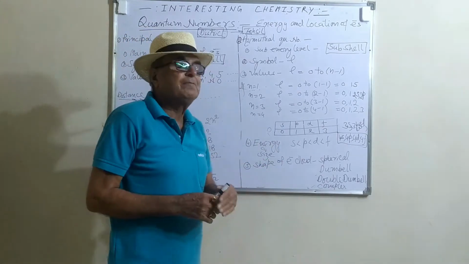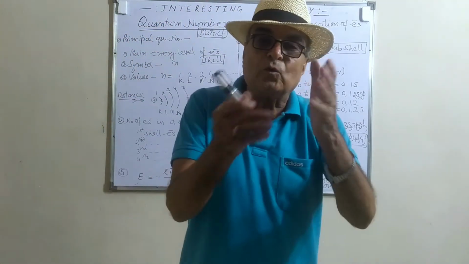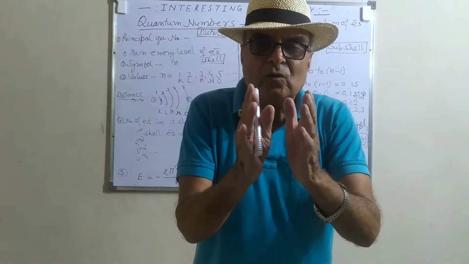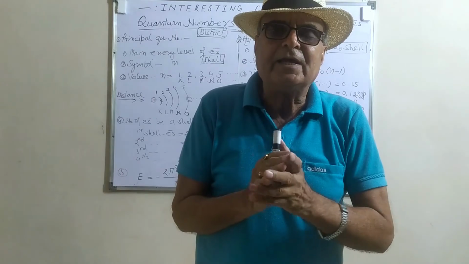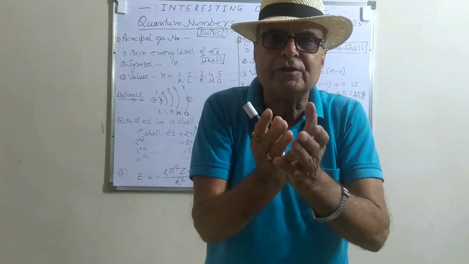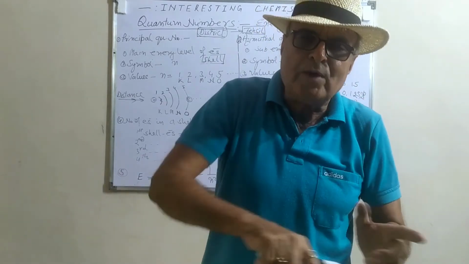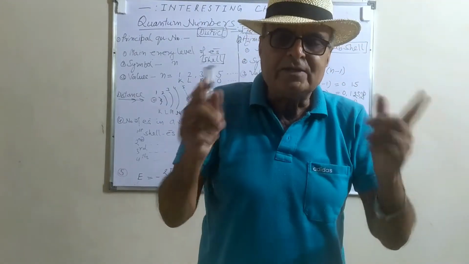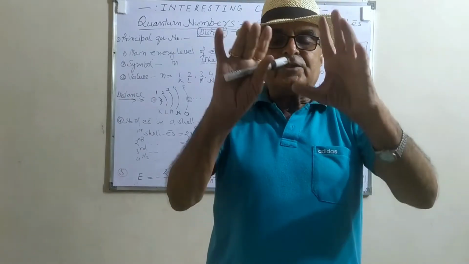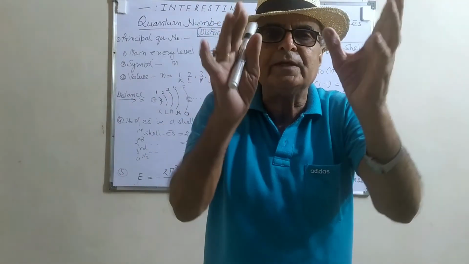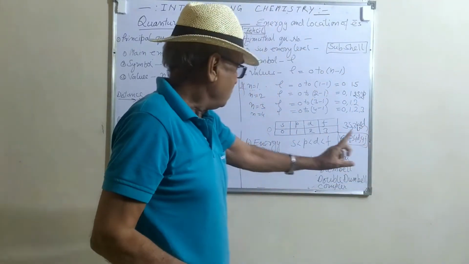Again, same here. I told you that the electron is in a wave function. So it is in the form of an electron cloud when it revolves around the nucleus.